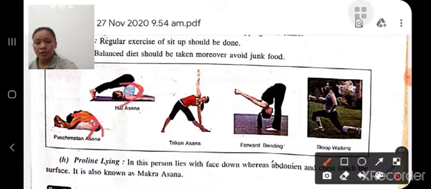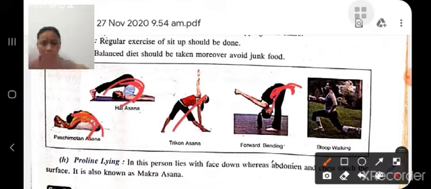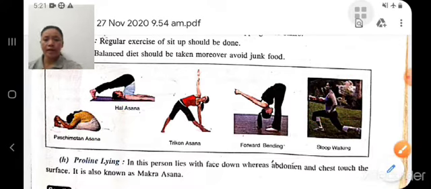Halasana, here also your lumbar spine bends forward. Tadasana, forward bending. Look here, your lumbar spine bends forward. And this is stoop walking. These are some asanas and exercises for correcting Lordosis.